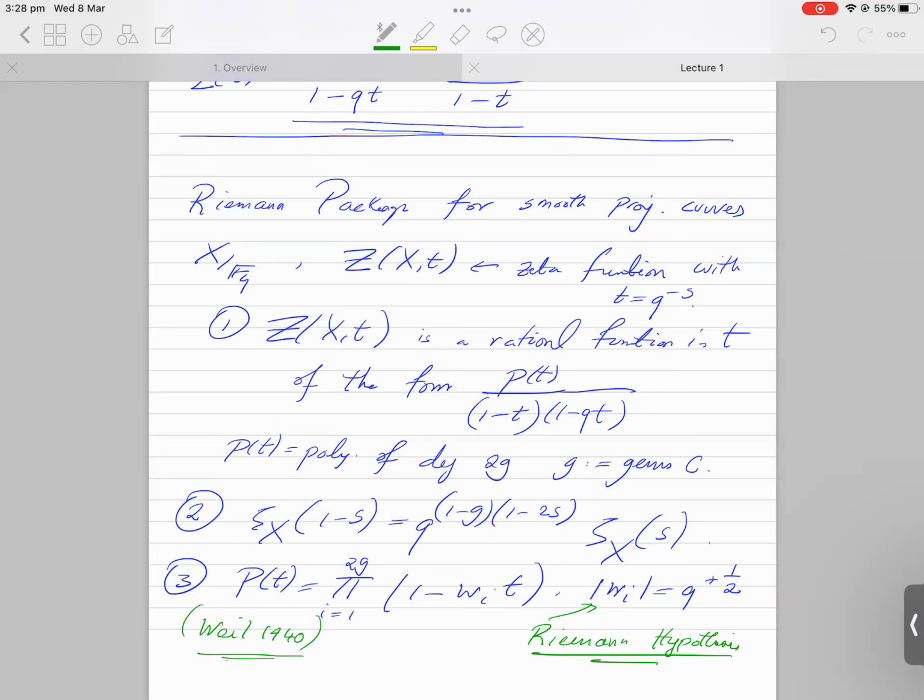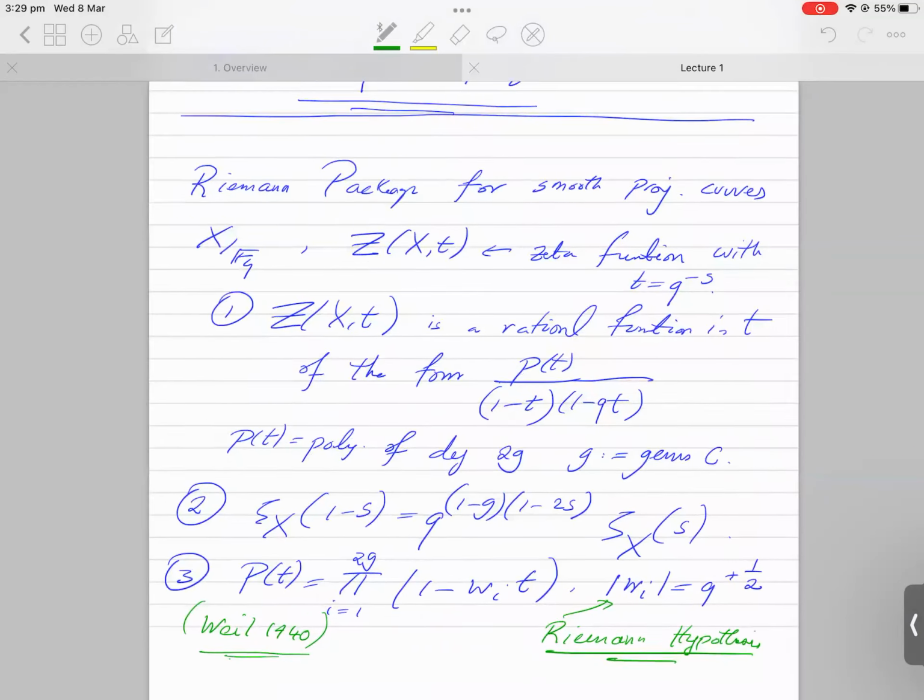But just as the zeta function captures or controls the distribution of primes, here the zeta function of curves controls the distribution of the number of points of curves over finite fields. So we will talk more about that next time as well.